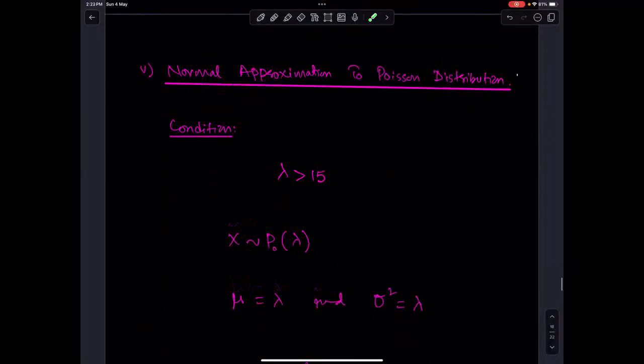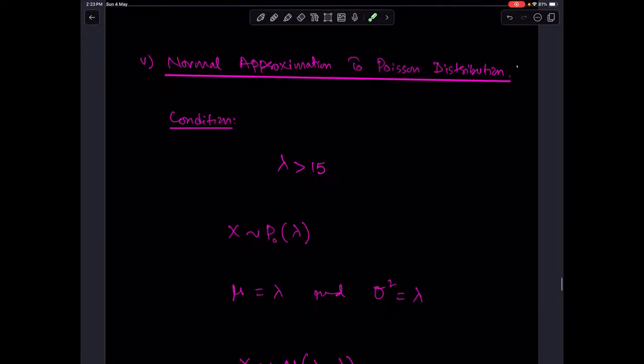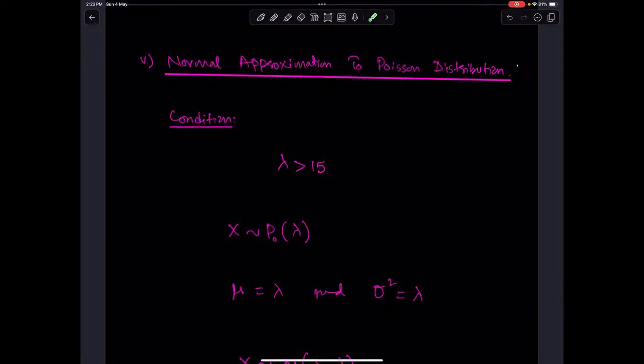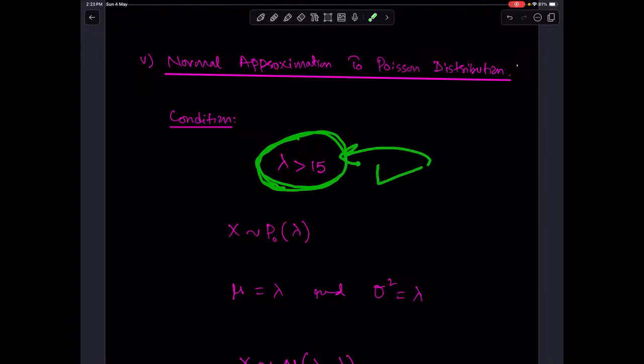Now this is very important. Normal approximation to the Poisson distribution. Remember the condition, lambda is greater than 15 for the approximation. So if you are solving a question of Poisson and if you get lambda greater than 15, you have to use normal approximation.